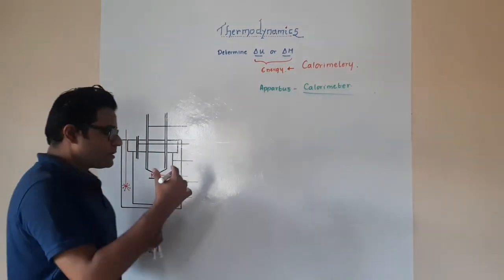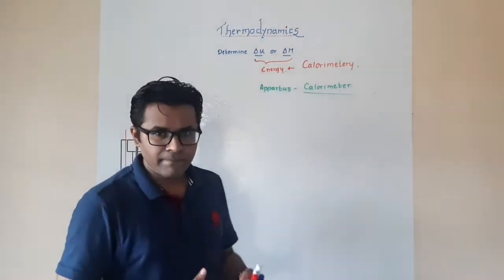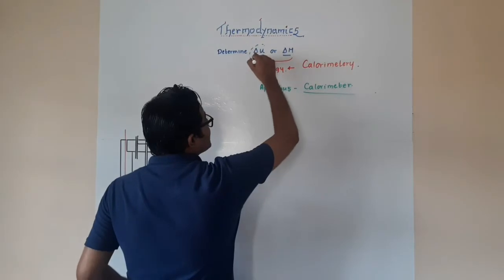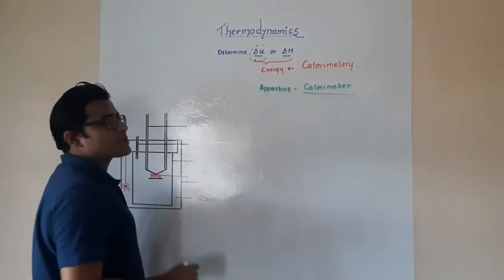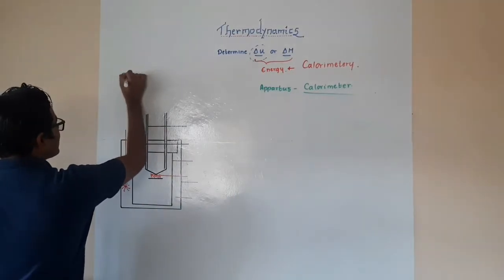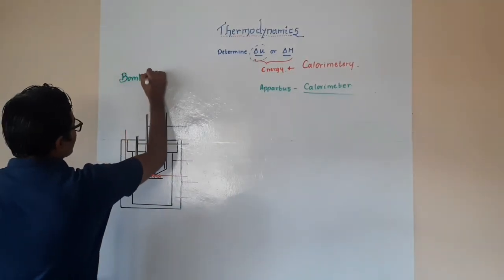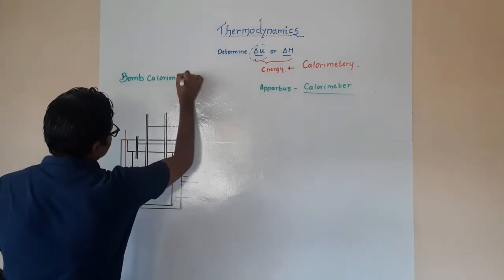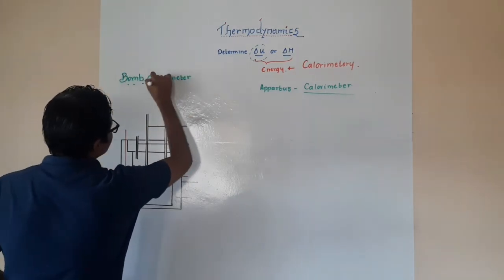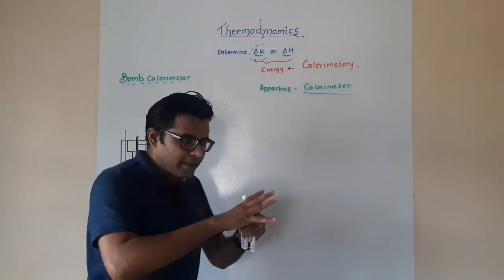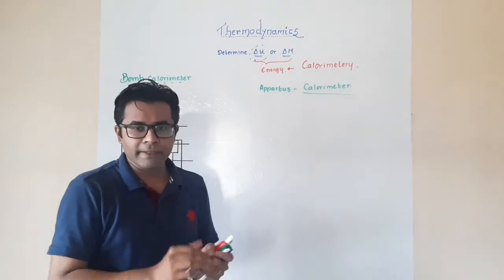Now, there are different types of calorimetry. In order to determine delta U, we use a special type of calorimeter which we call the bomb calorimeter. Before entering into this particular bomb calorimeter, let me tell you how they basically determine everything.